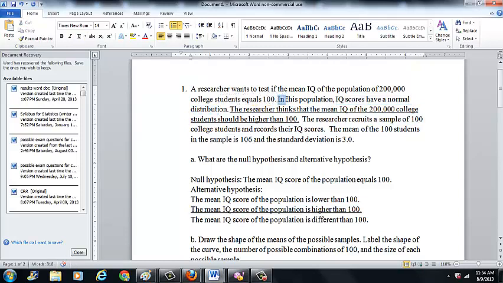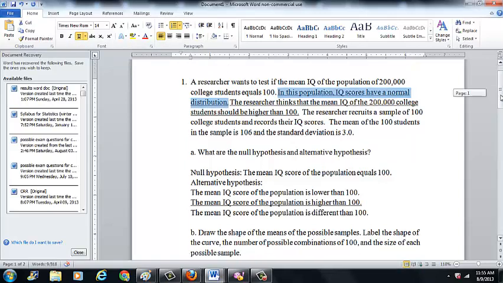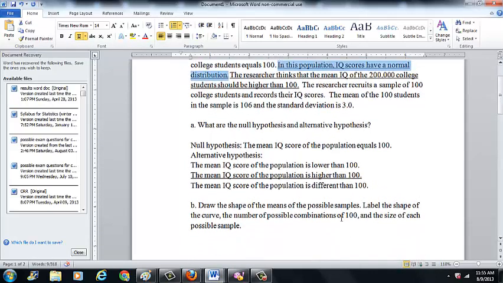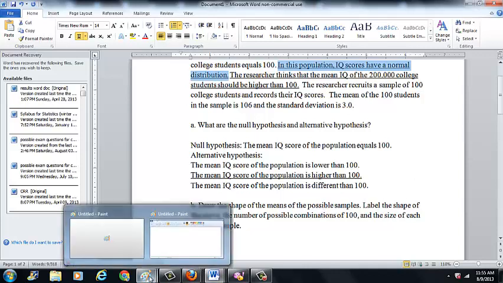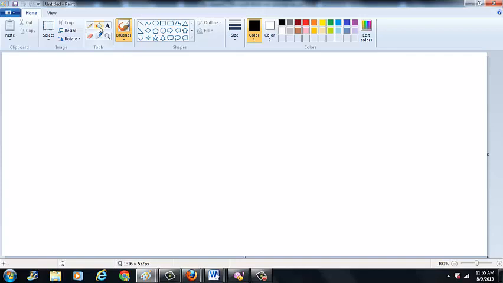The IQ scores of the 200,000 people in this population have a bell shape or a normal distribution. What that tells us is that the means of the possible samples will also be normal. If the population is normal, then the means of the possible samples also have to be normal. So we're going to draw a curve of sample means that has a normal shape.